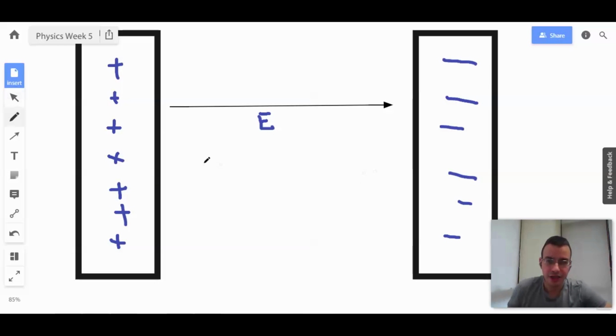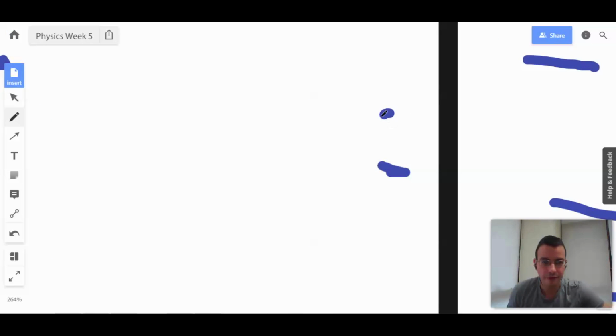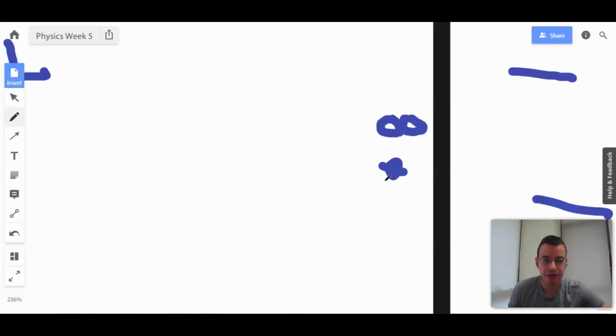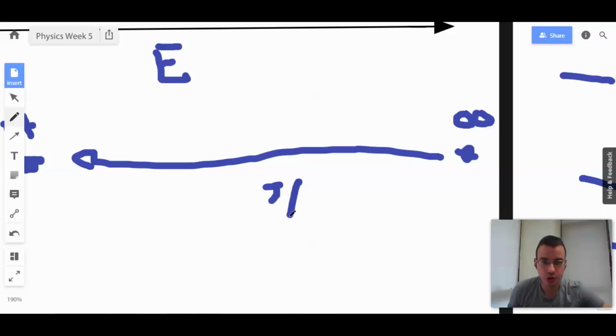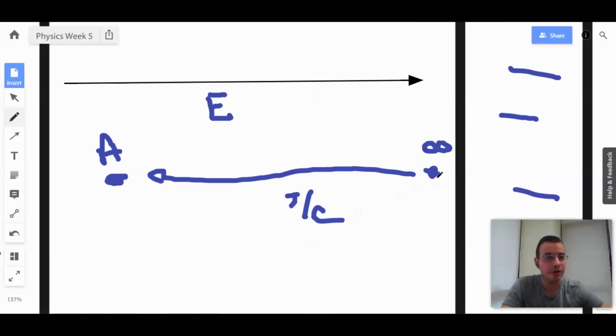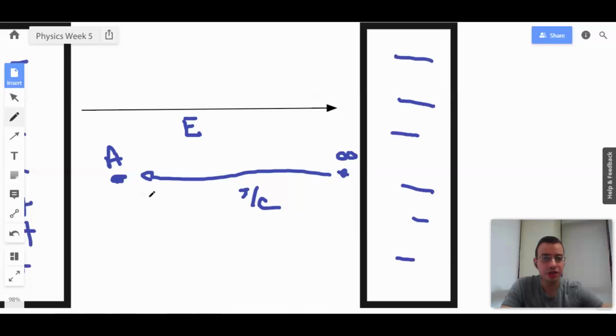It's asking, so if this is our point that we're going to, I'm going to call this point A, and this is point infinity. Oh, should probably just make an 8 and turn it sideways. It's what's the energy required, the joules per coulomb, to bring a positive test charge from infinity to this point.